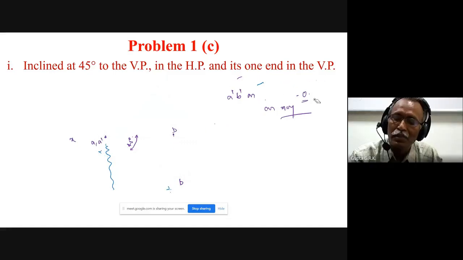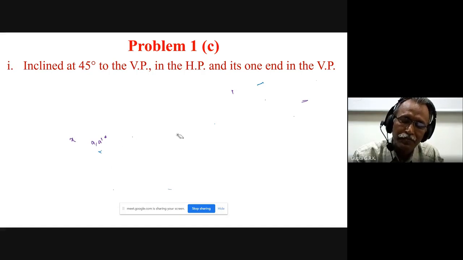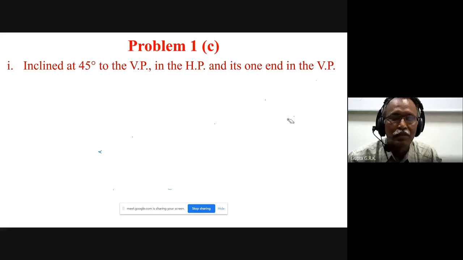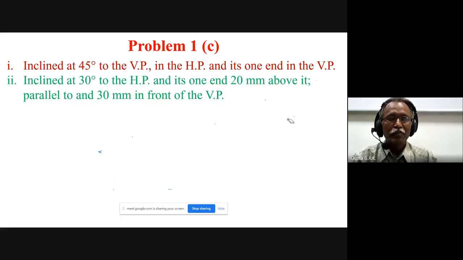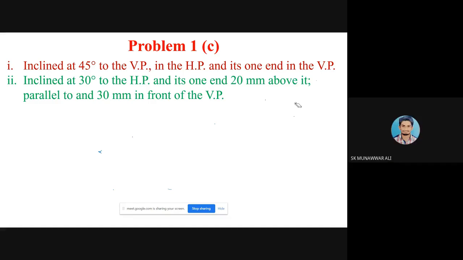So we'll see another problem. Inclined at 30 degrees to HP, and its one end 20 mm above it, parallel to and 30 mm in front of the VP. Okay, so what is 30 degrees? Theta.